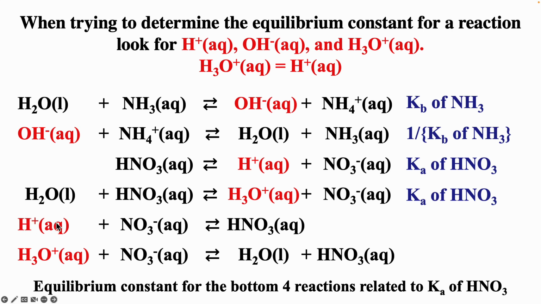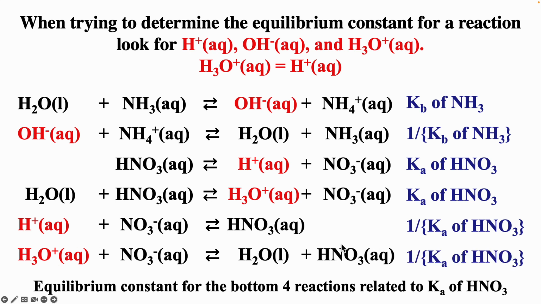For the next reaction, we see a hydrogen ion as a reactant, so that makes us think 1 over Ka. And again, we see a hydronium ion as a reactant, so that's 1 over Ka of nitric acid. That's kind of interesting. These bottom 4 reactions are all related to the Ka of nitric acid.